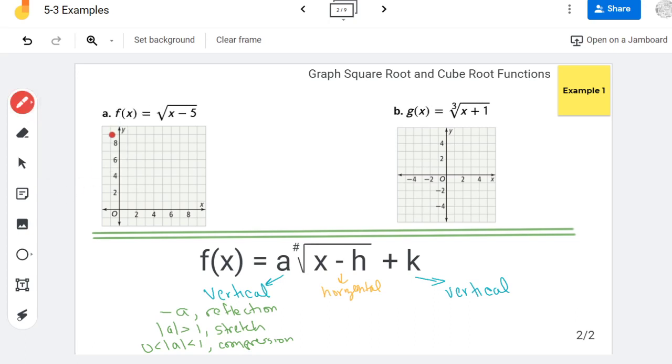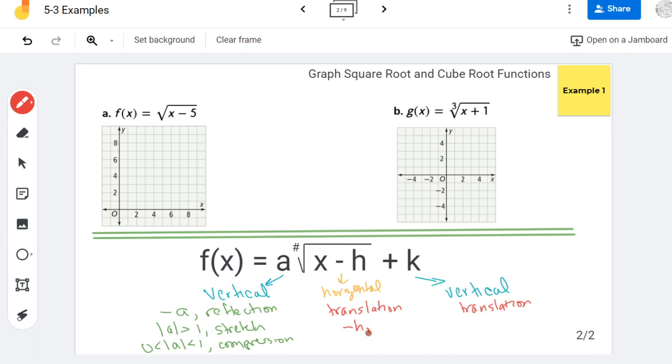Now these other two, the h and the k, are being added and subtracted. When you add or subtract from a function, you're going to get some kind of translation. If that translation is horizontal, inside the grouping symbol, you see there's a minus in the equation? That means it's going to make your numbers feel backwards.